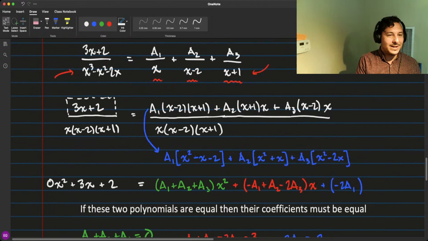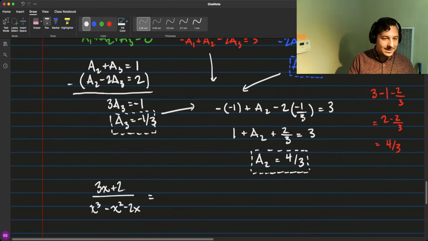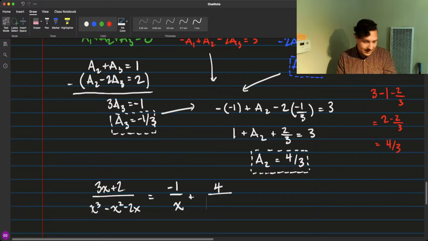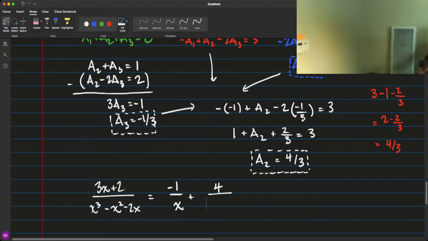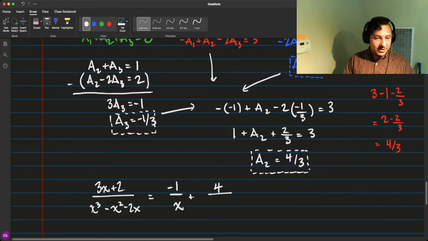Your first number is a1 over x, and our a1 was negative 1, so you get negative 1 over x plus a2, which is 4/3. So you're going to have a 4, and then you put the 3 on the bottom, right? Because it's 4/3.